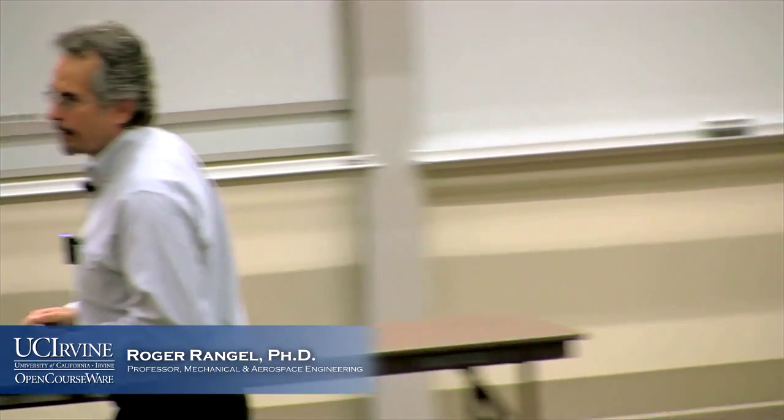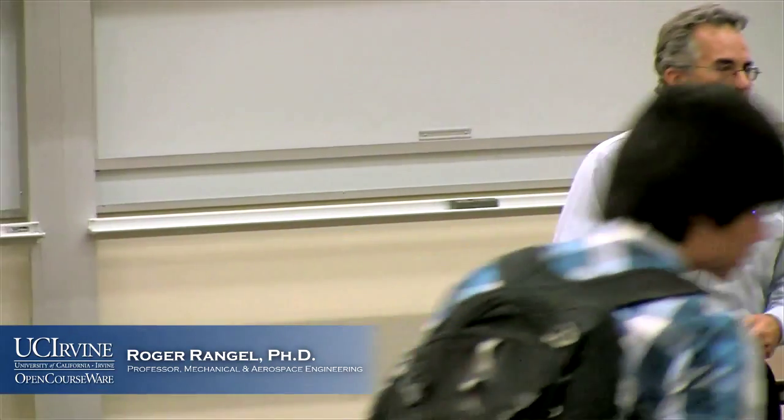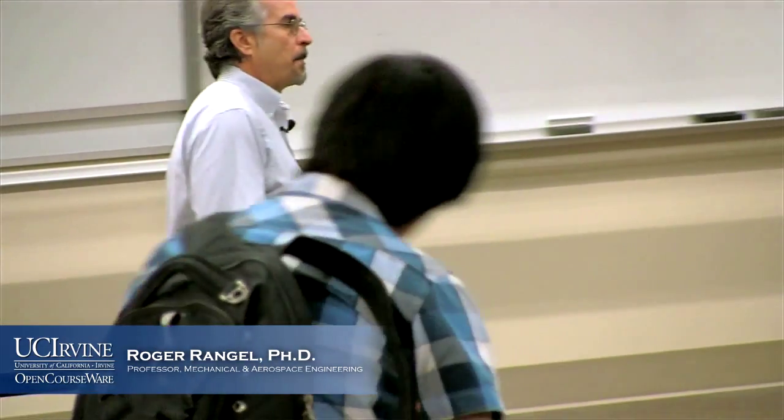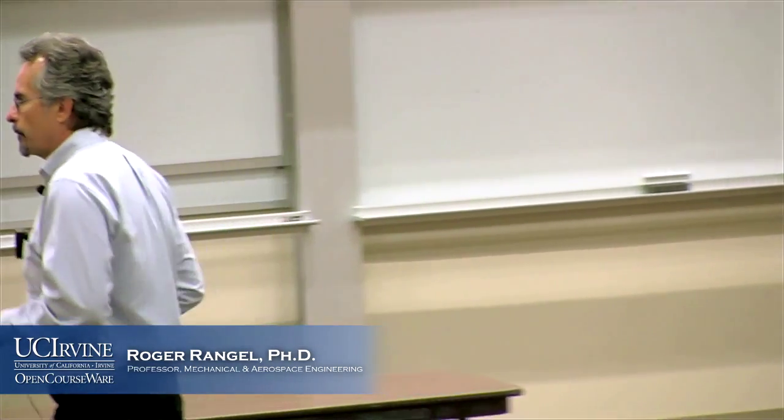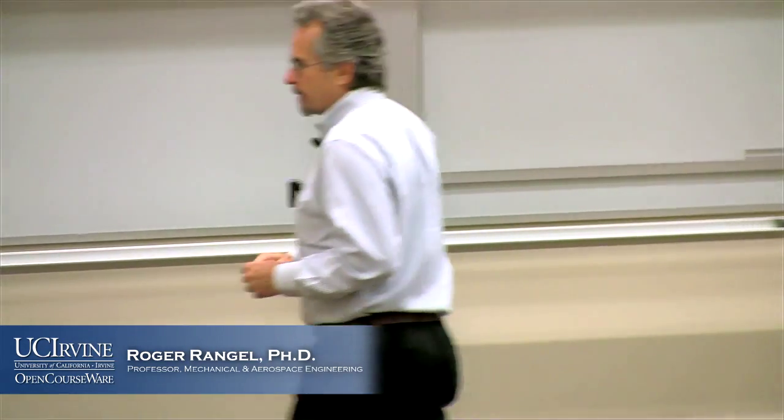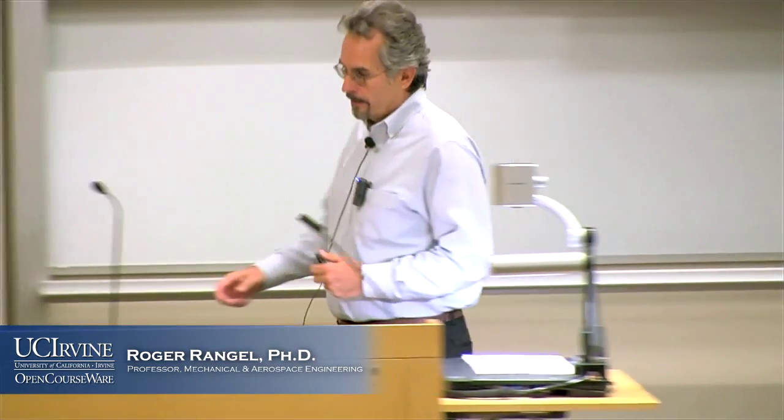Okay, so we're coming very close to the end. We just have to cover one more chapter and finish a little bit of the previous chapter. I forget which number it is. 7, I think.